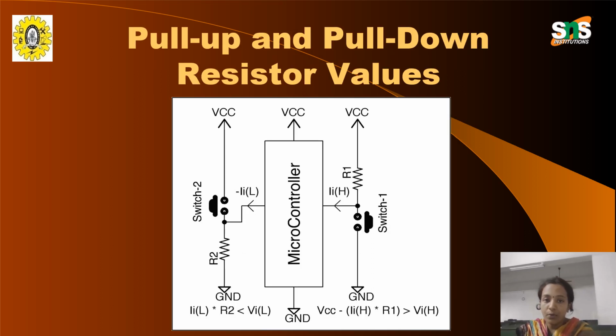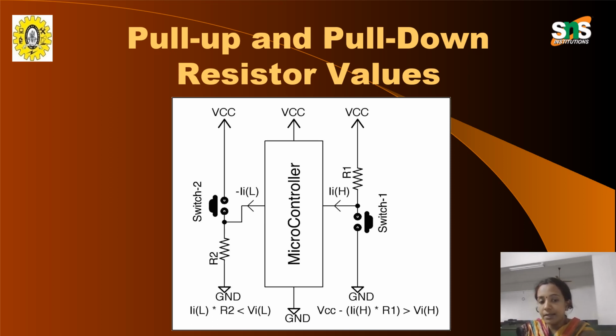Pull up and pull down resistor values. So here, if the resistor value R1 is greater than VIH, VIH is nothing but voltage equal to current into resistor, right? Current is I, resistor here is R1. Here VIL is current I into resistor R, and R here is R2. So this microcontroller, towards the right side, is having switch number 1.